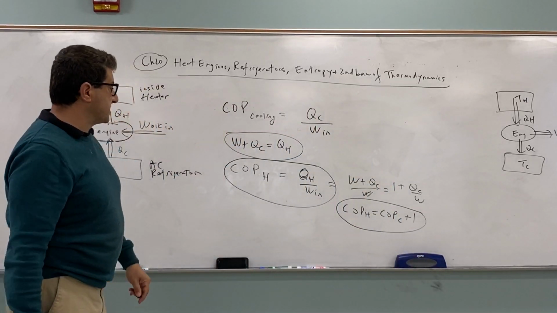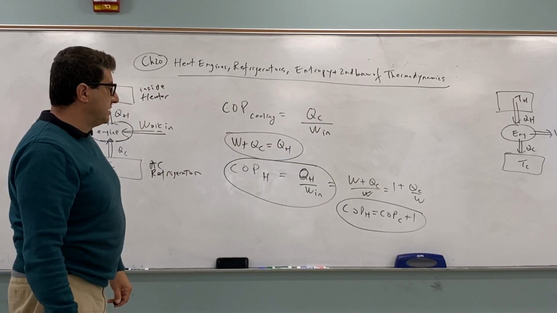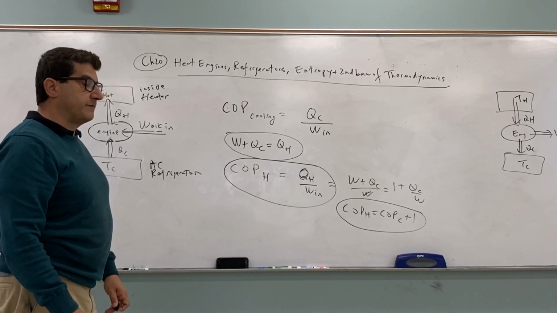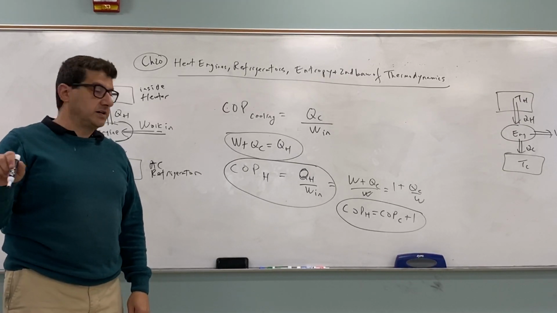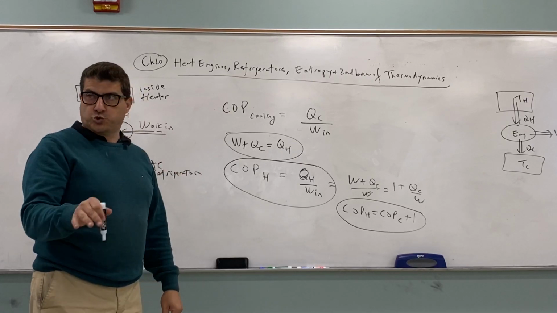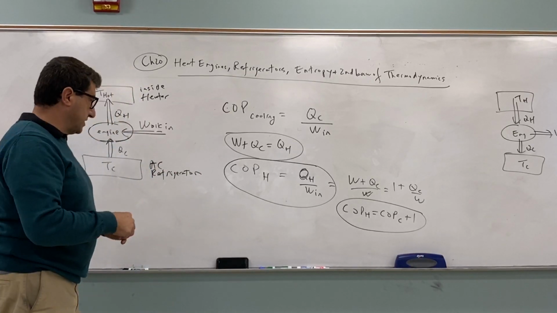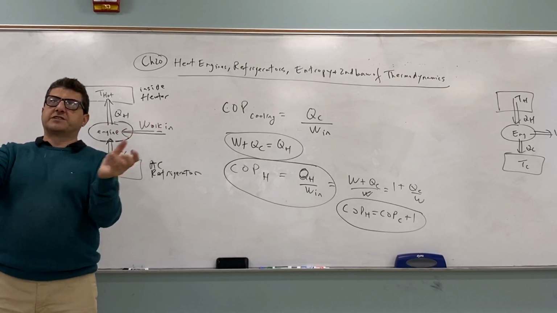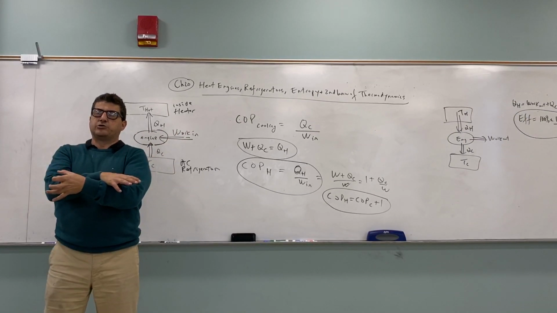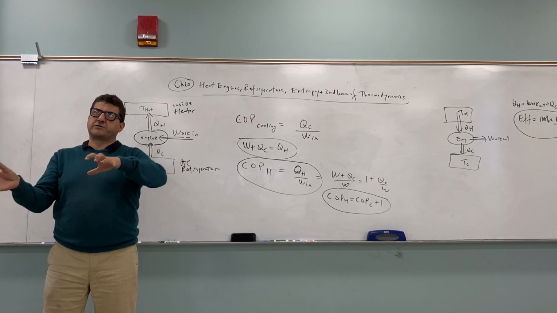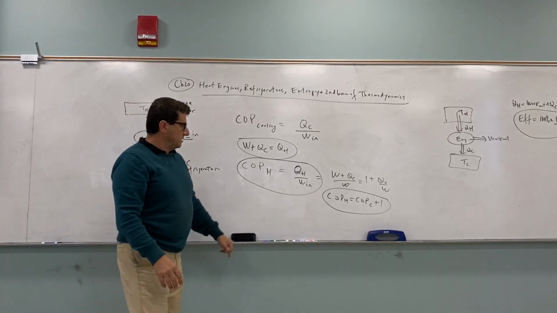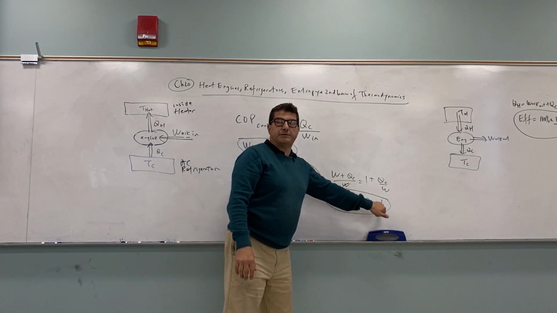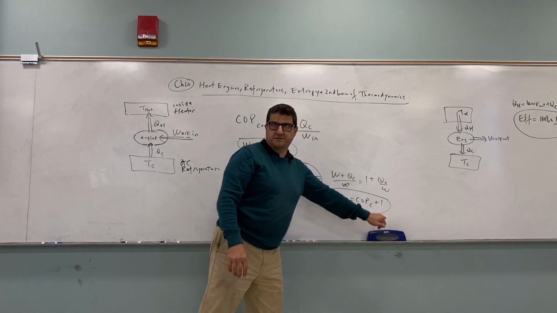The coefficient of performance of the heater is always going to be 1 plus the coefficient of performance of a refrigerator or cooling. So in other words, if you take the same engine and reverse it, and now use it as a refrigerator versus a heater, the heating mode is going to have better performance. You see?